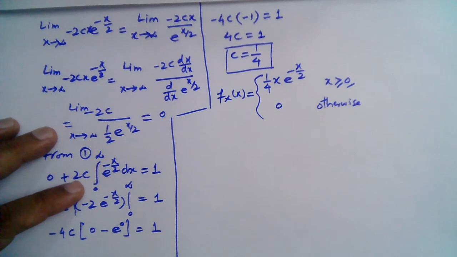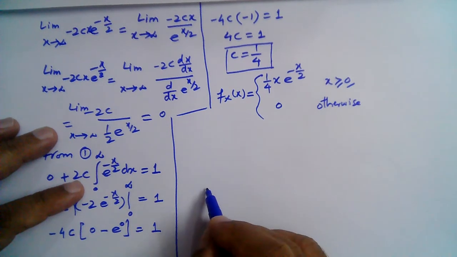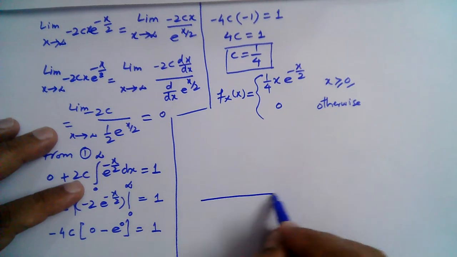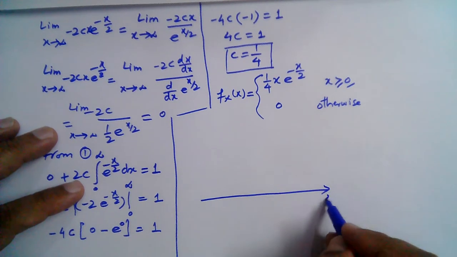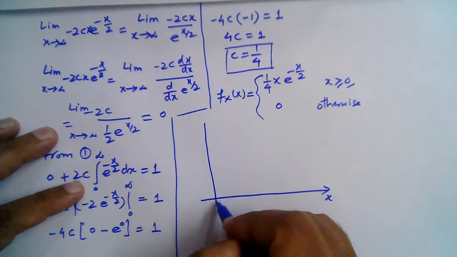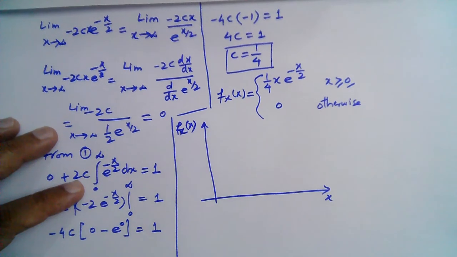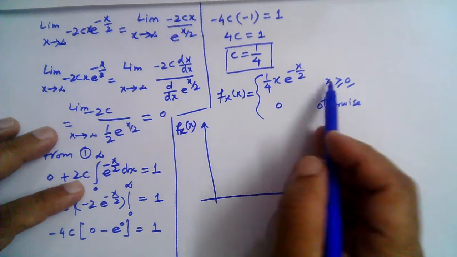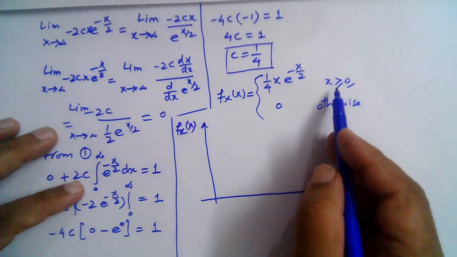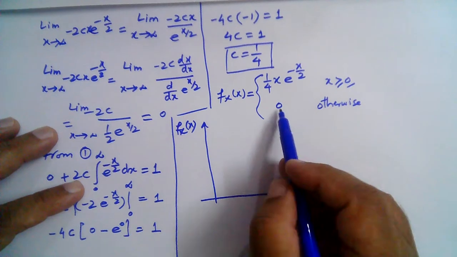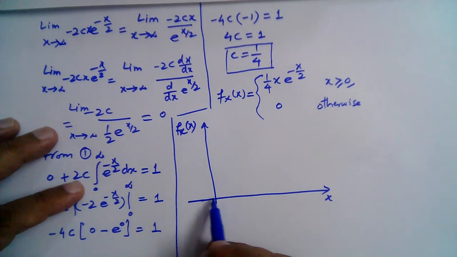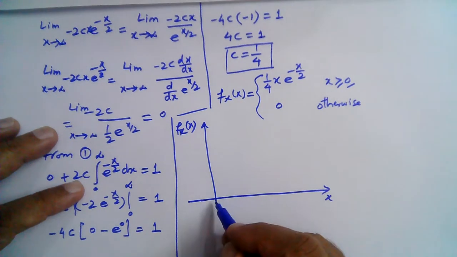So we can plot the value, for example, for the PDF. We can now sketch it. So this is x, and this is f_X(x). So at 0, this is 0, right? And it is 0 at the negative values, right? It is 0 here, and it is 0 at 0.